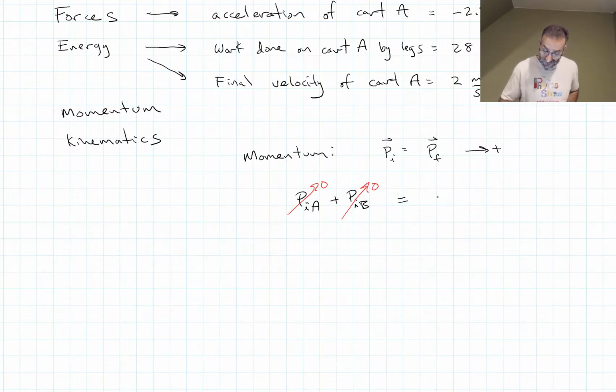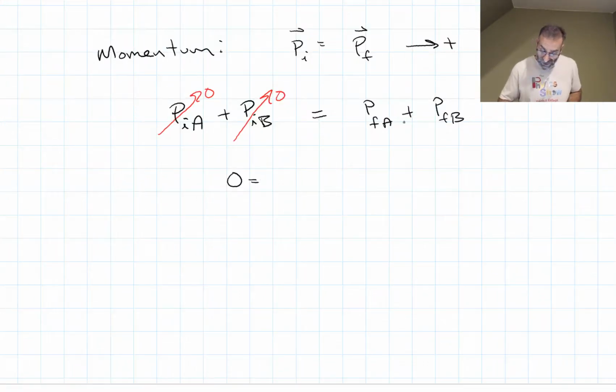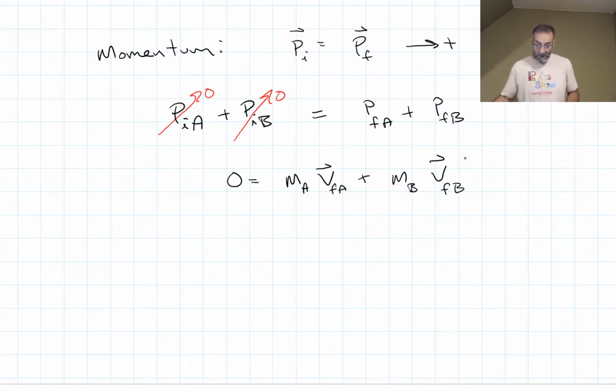final momentum. And the momentum of cart A is its mass multiplied by its velocity. And the momentum of B is the mass of B times V final B. And this is a vector equation, so I can keep the signs straight and it'll give me the correct sign for the velocity.